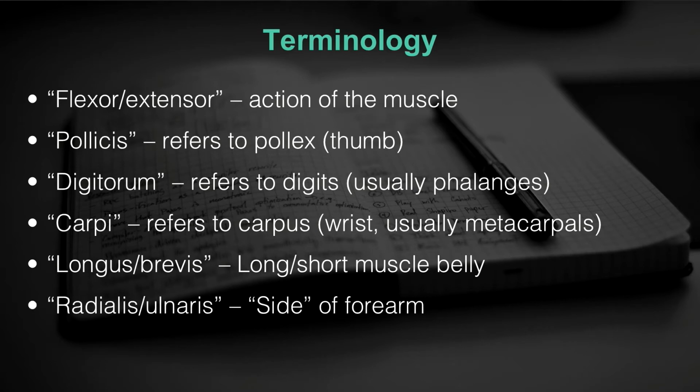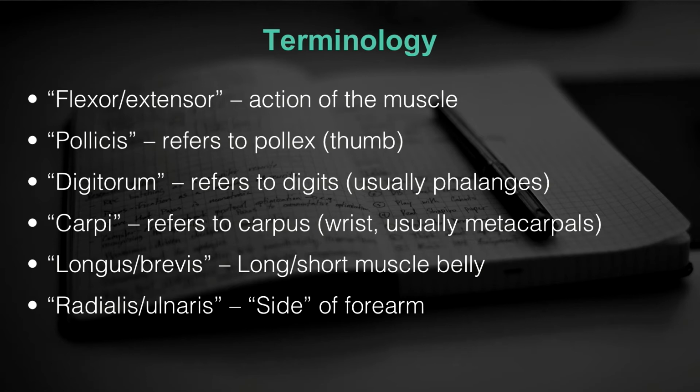And then you'll often see radialis or ulnaris. That doesn't necessarily mean they attach to the radius and the ulna, and it doesn't necessarily mean that they're innervated by the radial nerve or the ulnar nerve. The best division that I can give you is that it refers to the side of the forearm where the muscle resides.